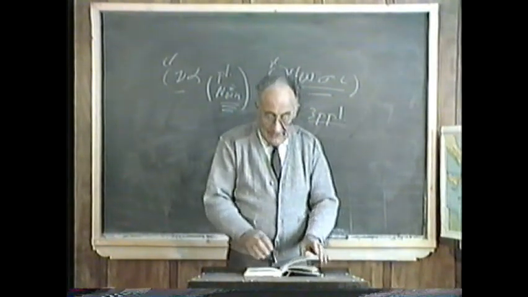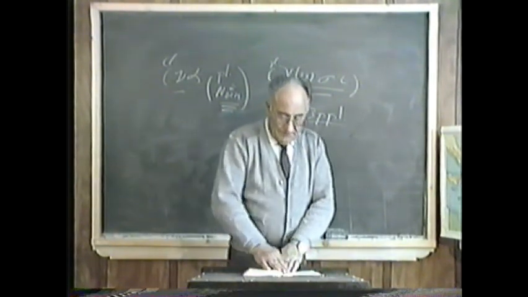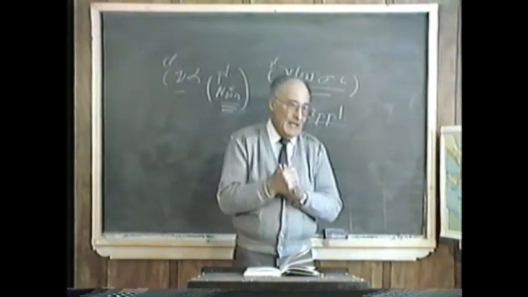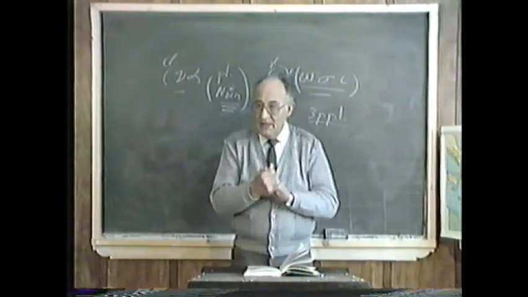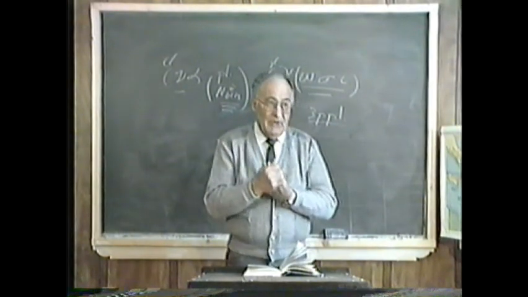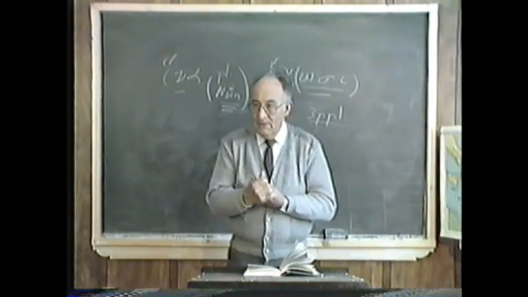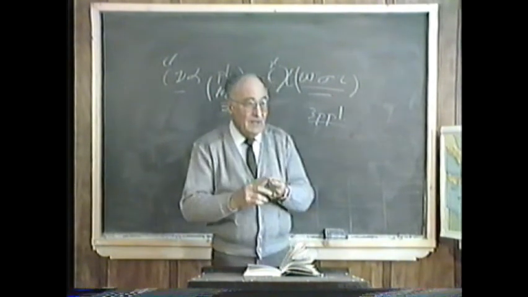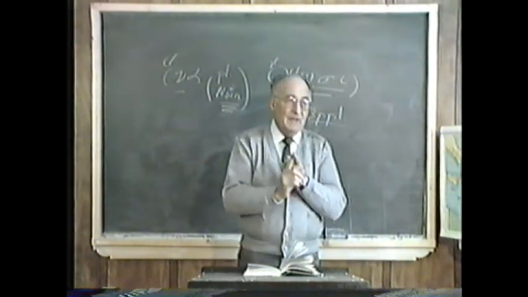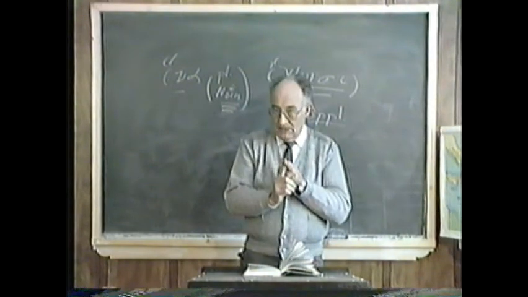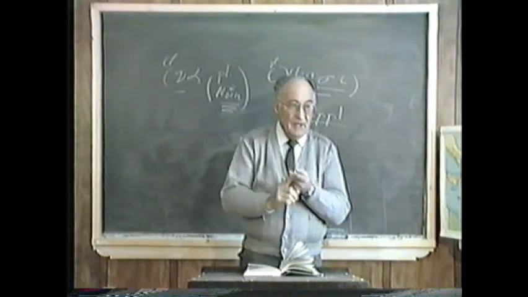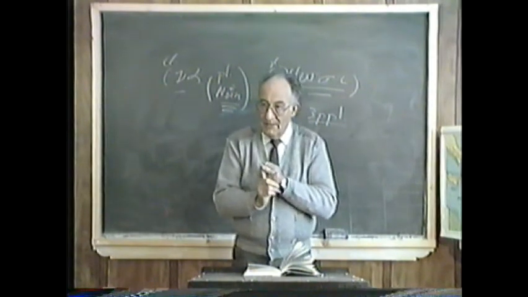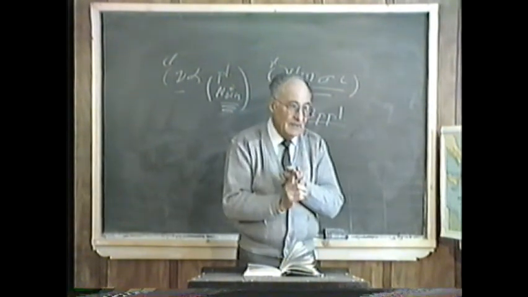Fellas, once and for all, you can tell two ways whether an adjective is attributive or predicate. If it's attributive, it will follow an article, number one. If it is predicate, it won't have an article in front of it.